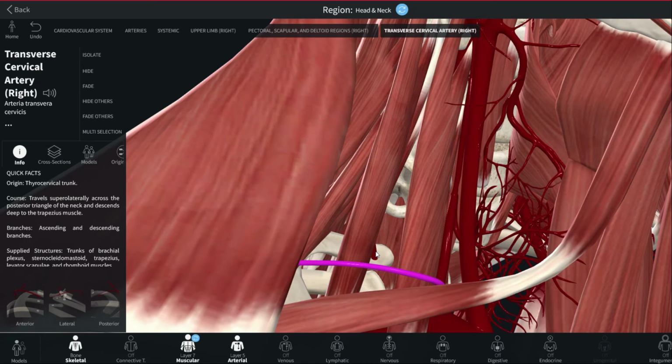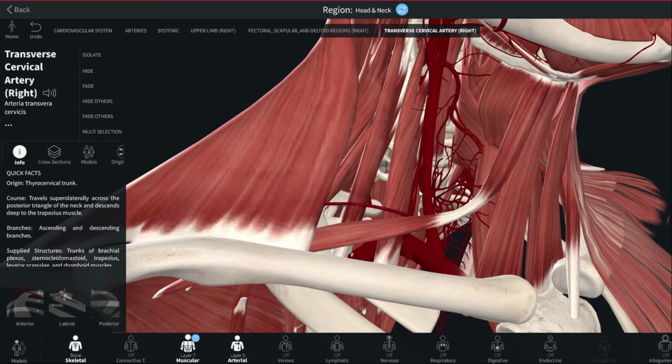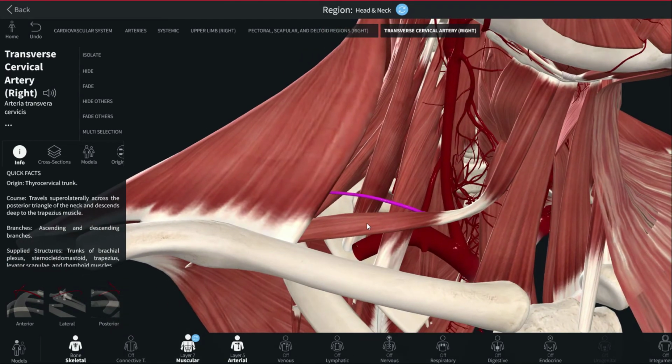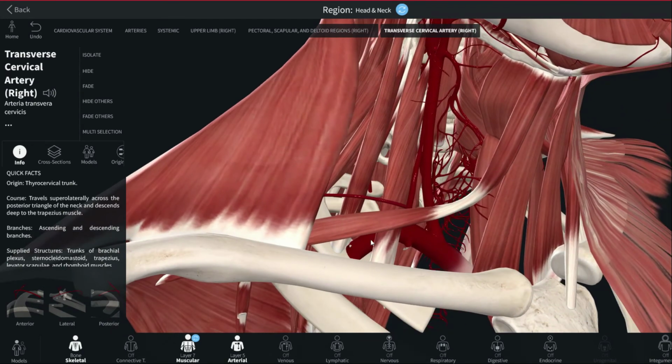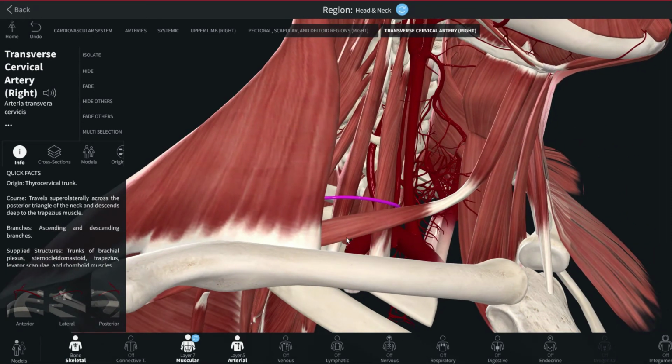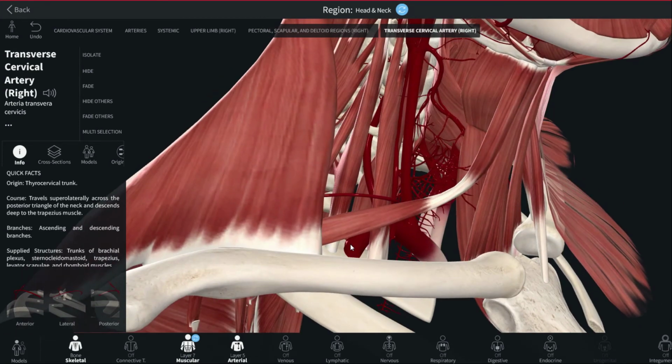Okay, but what about the subclavian triangle or the supraclavicular triangle? So since we already have the arterial system on, let's deal with the subclavian triangle and its constituents. So as we can all see here, this over here is the subclavian triangle, very small compared to the occipital triangle.